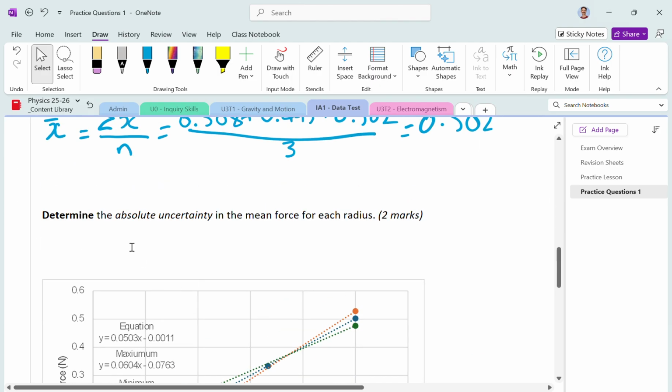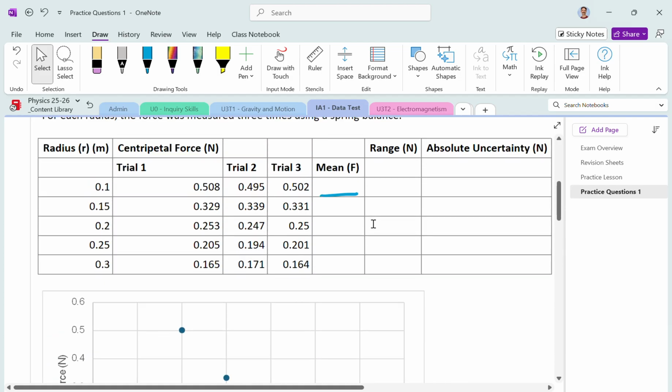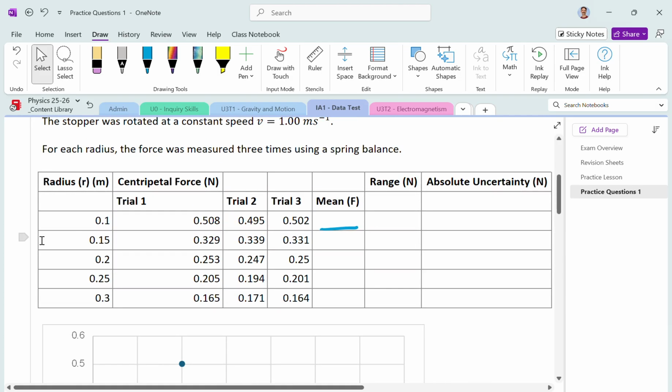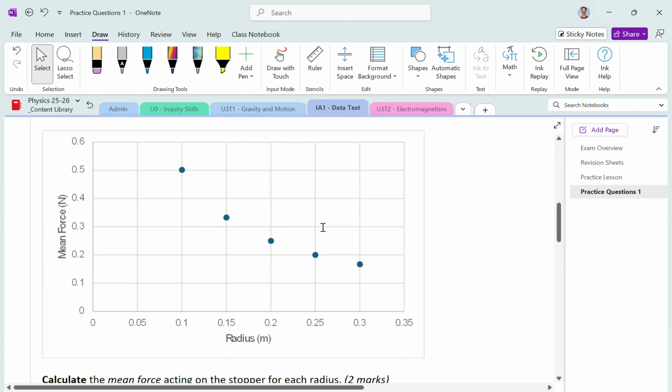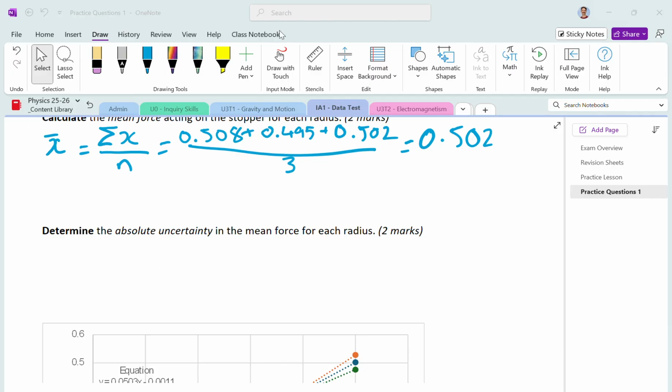The next question says, determine the absolute uncertainty in the mean force for each radius. I will just do the first radius again. This table has it set out as range and absolute uncertainty. Let me quickly show you the formula.